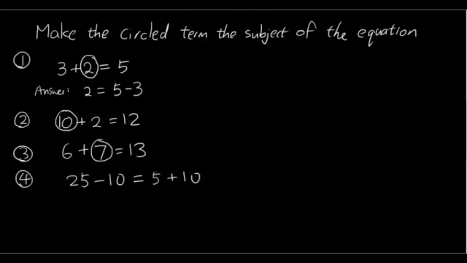And let's make 5 the subject. Just trying things out. And I want to try to see if you can do one involving multiplication. So 6 times 3 equals 18, and let's make 3 the subject.